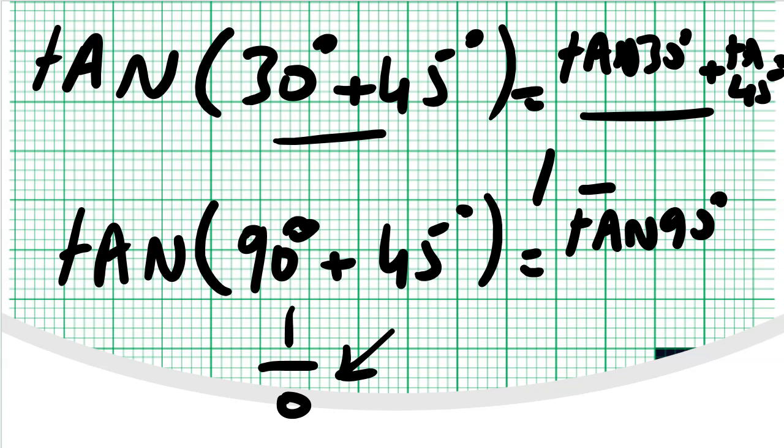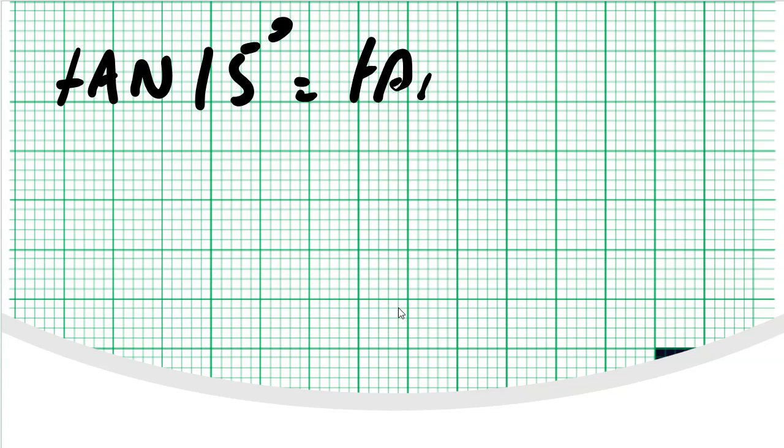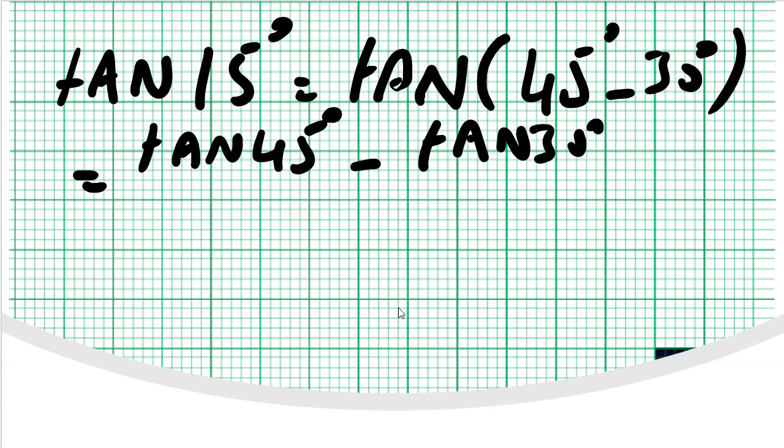But now let's go back and do tangent of 15, which equals tangent of 45 minus 30. You know both of them, right? So this equals tangent of 45 degrees minus tangent of 30 degrees.